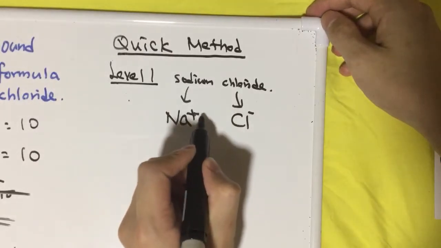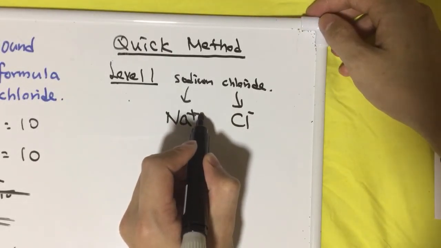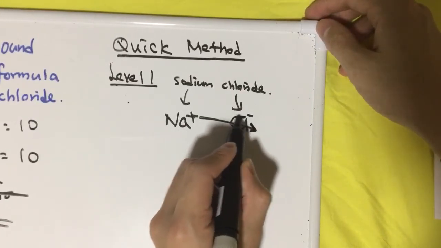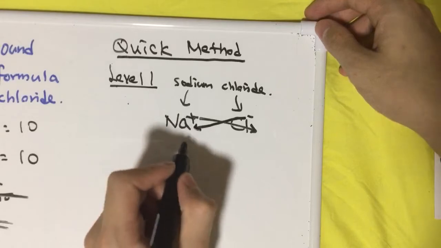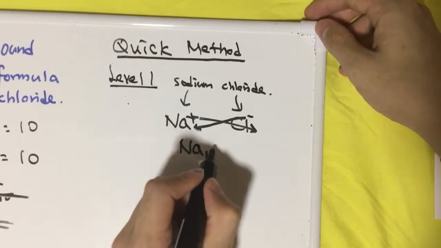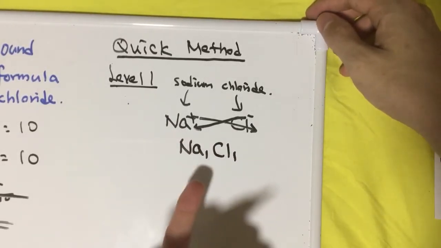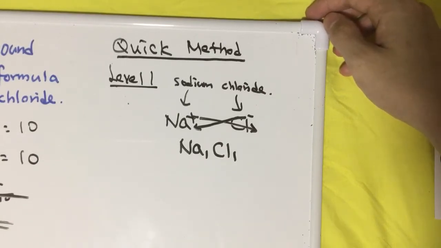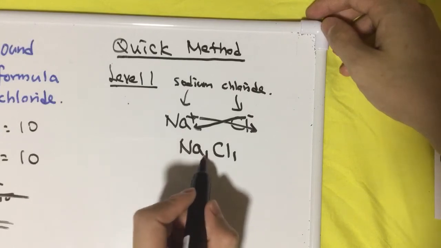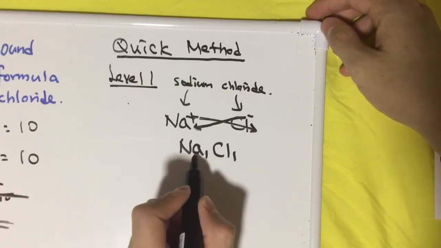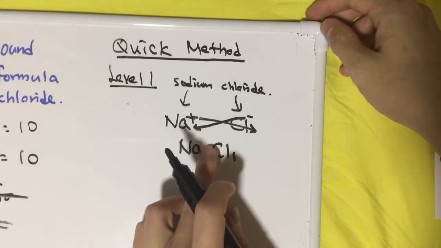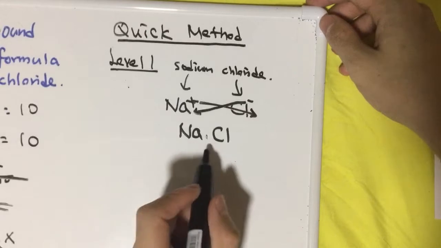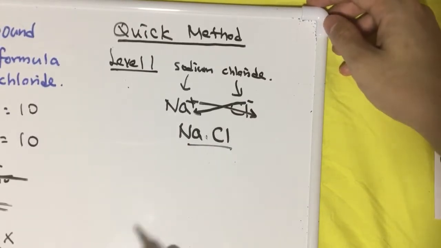So for the cross here, put the positive 1 right down bottom here, and then 1 here right down the subscript here. So it will become Na1Cl1. Once again, when you write down the chemical formula, you don't have to write down the charge. And eventually, 1:1 here means the ratio between sodium ion and chloride ion, and eventually you have to delete the 1 here. So this is for level 1, sodium chloride, it is NaCl.